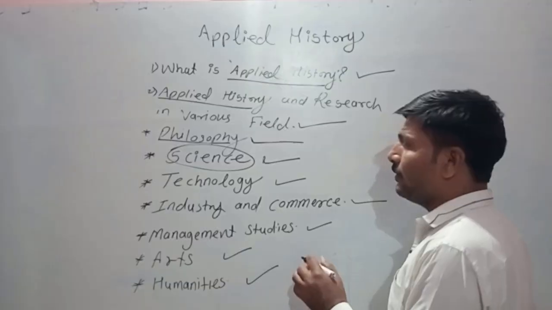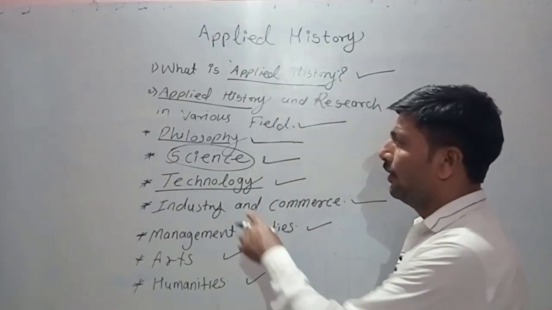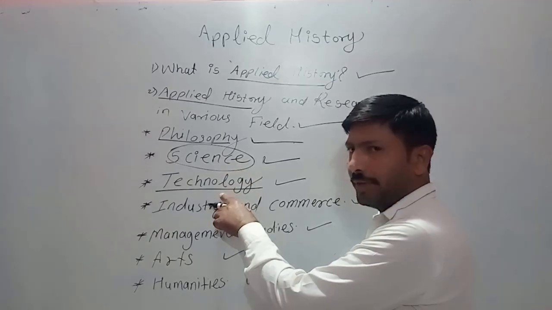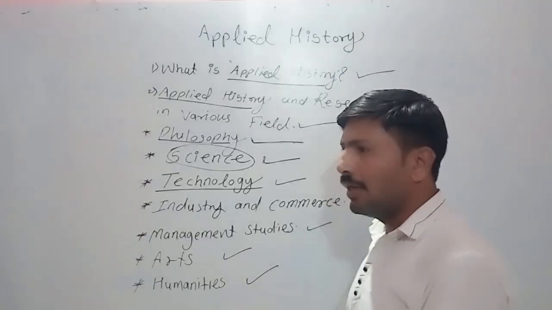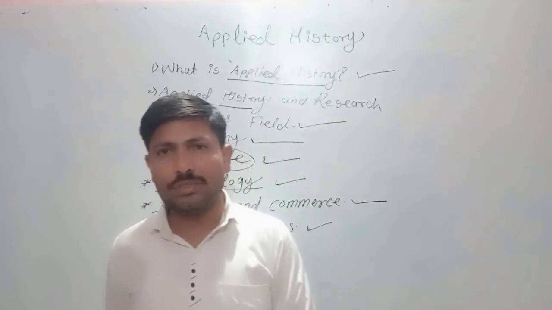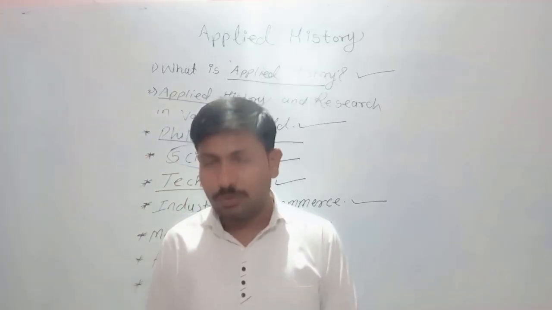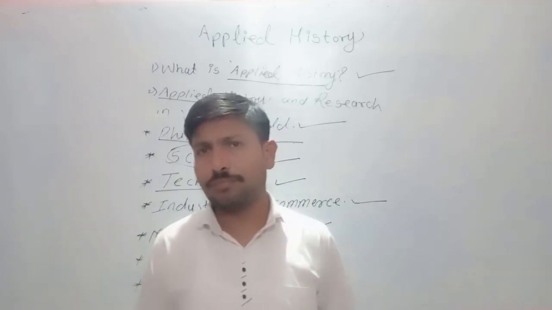Okay, so the next point is technology. Science is the base of technology. With the help of science, technology is developed. Earlier, many people used technology. First of all, early humans used their hands to dig out the land to get roots.